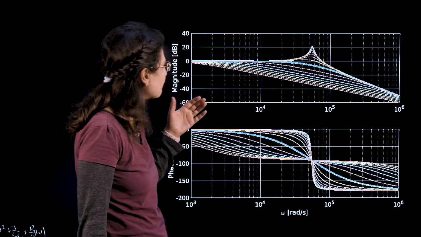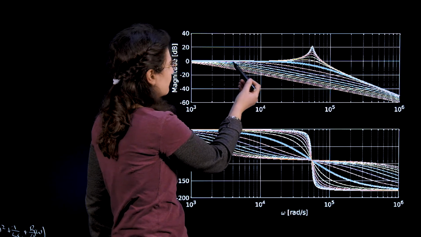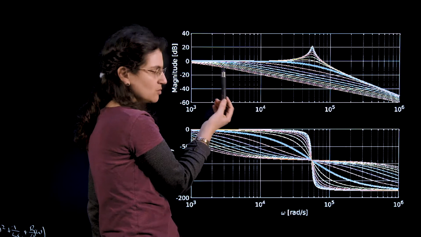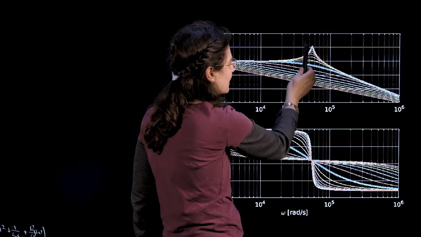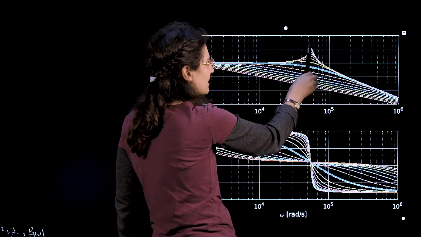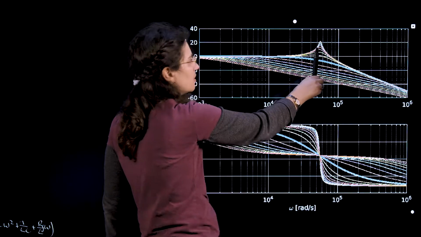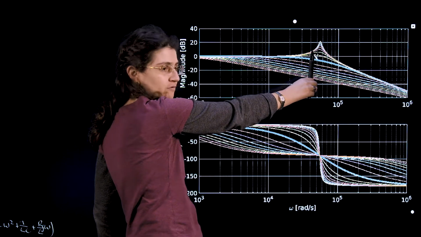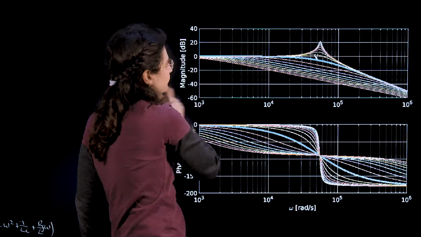So if I have a damping factor that's less than 1, I tend to get a peak here at the resonance frequency. So this frequency is 1 over square root of LC, where the peak occurs.